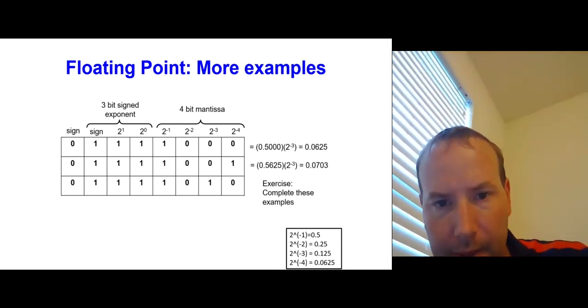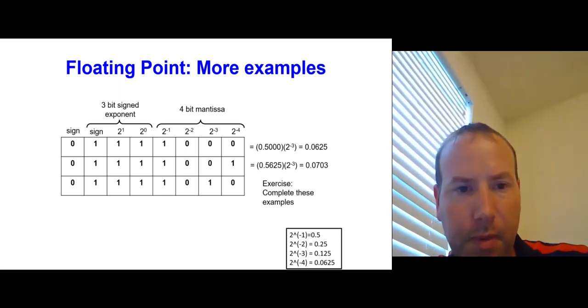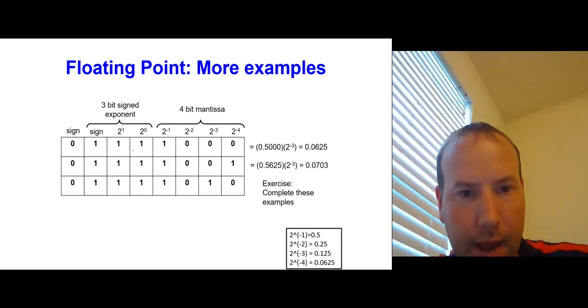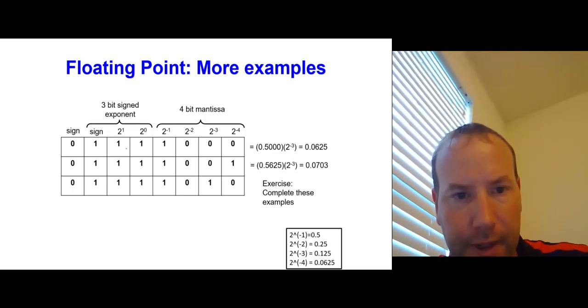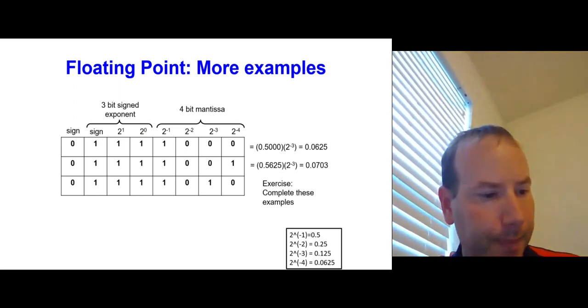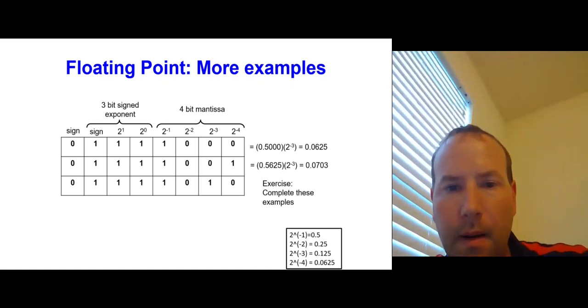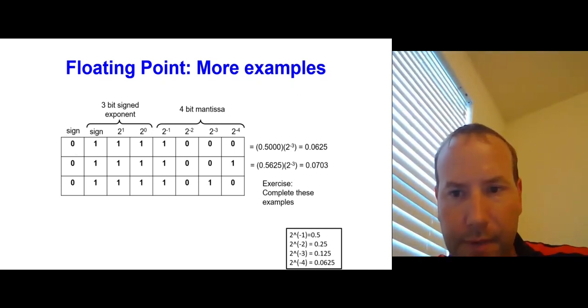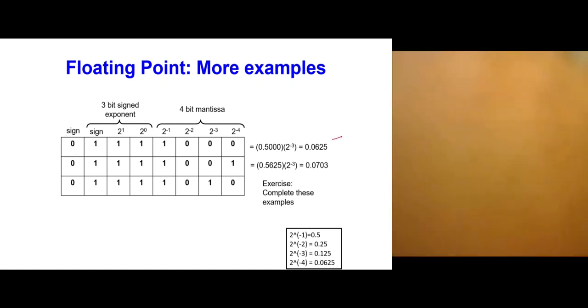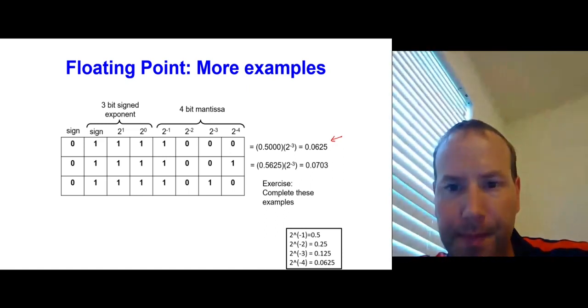So our mantissa is 0.5 for this first problem, times 2 to the minus 3, because we have 1 right here, plus 2 to the 1 minus 3. And then we have a positive number. So this is actually the same problem that we already did before.